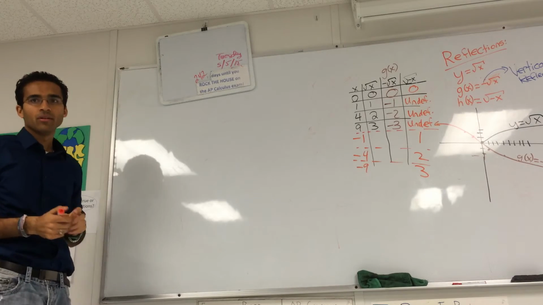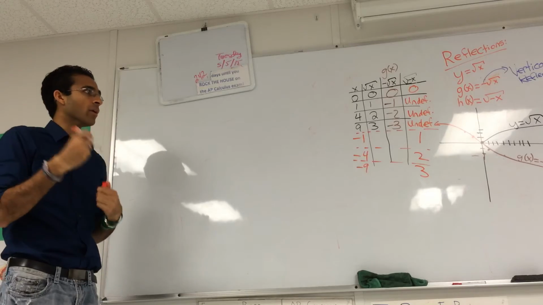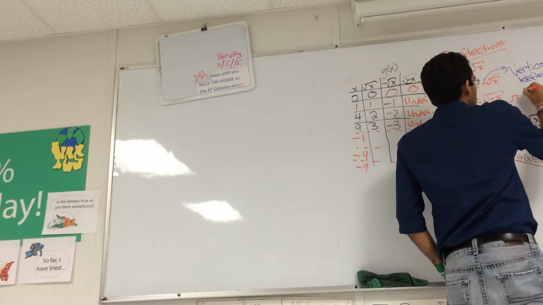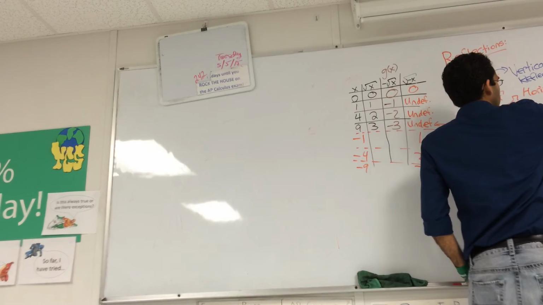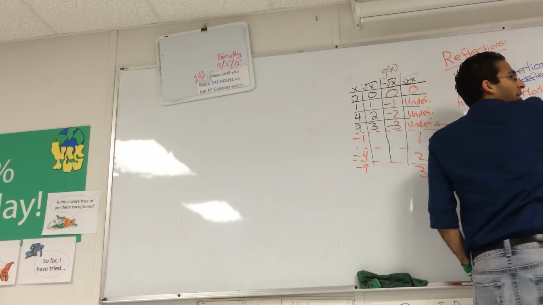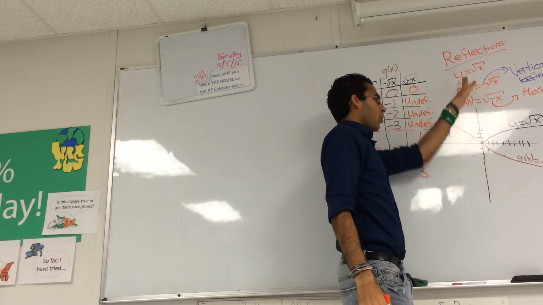The x's, one's positive, one's negative. The x's are now multiplied by -1. If the x's change, this right here must be a horizontal transformation. I'll refrain from using reflection. I'll call it transformation. And then on the next line, I'll write this is a reflection over the y-axis.